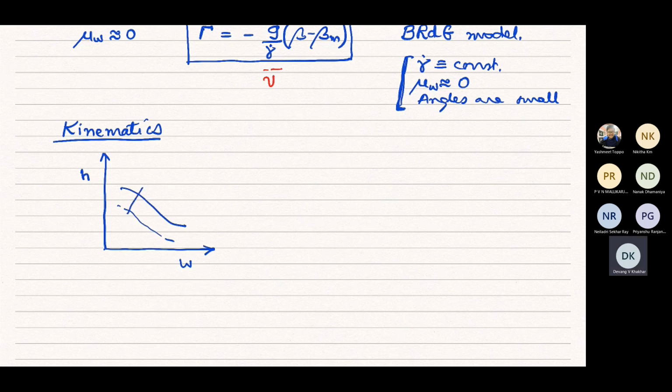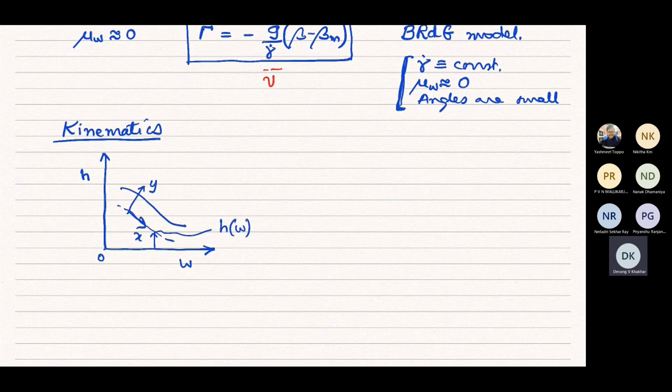And this one is Y and X. Let's suppose that we are measuring this height as H, and that depends on W. So the height of the interface from the base is equal to this.